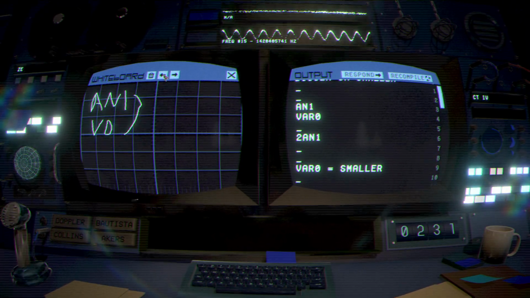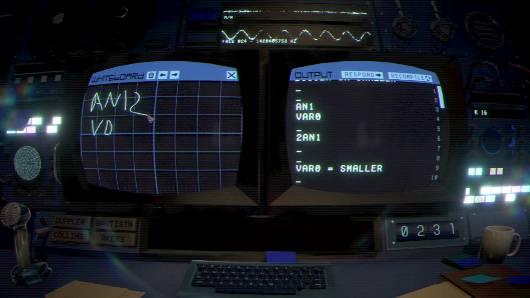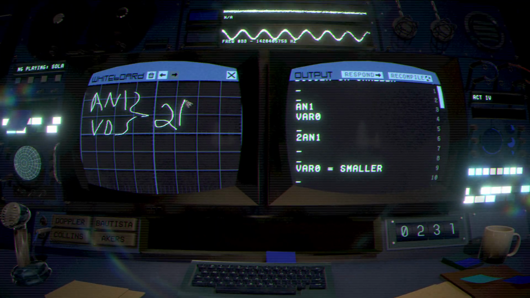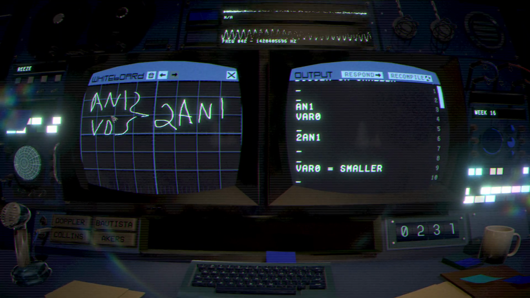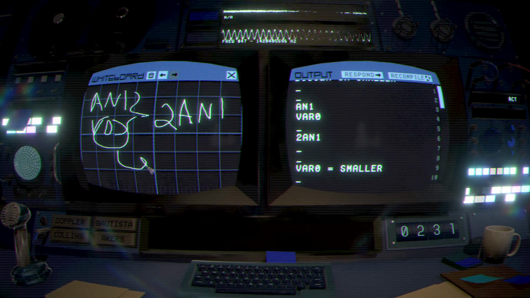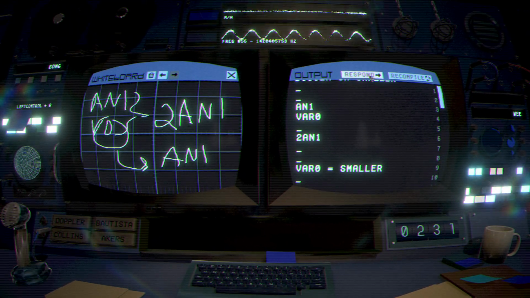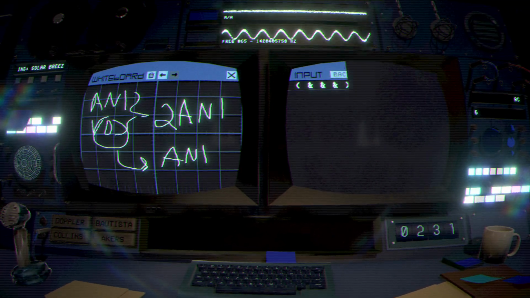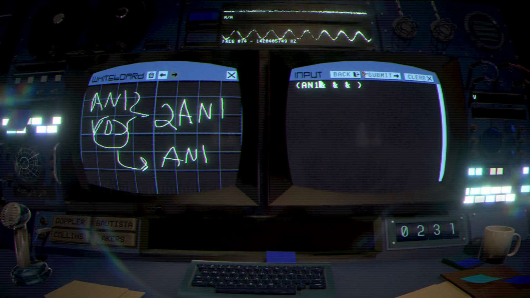These combine into 2 atomic number 1s. Meaning variable 0 is atomic number. I think. I think. So let's put that first in here. Atomic number 1.